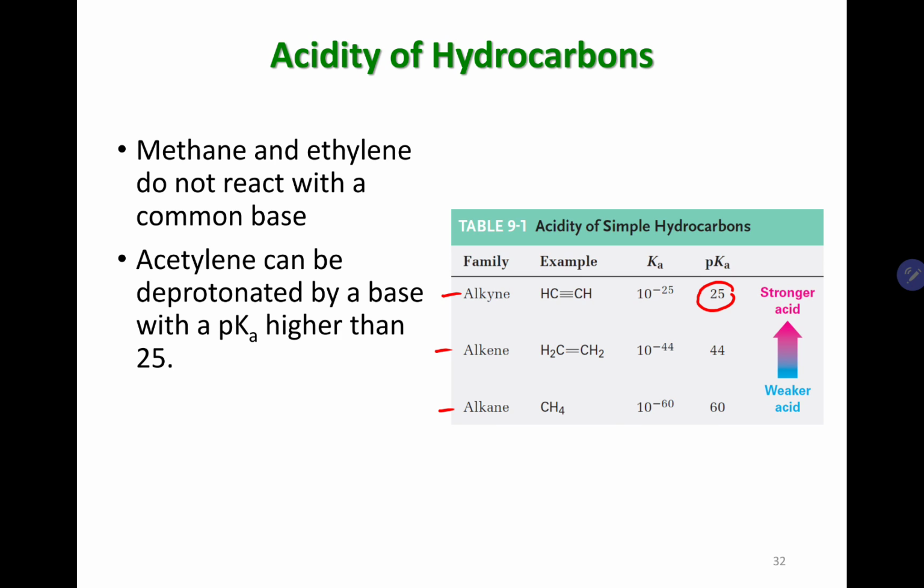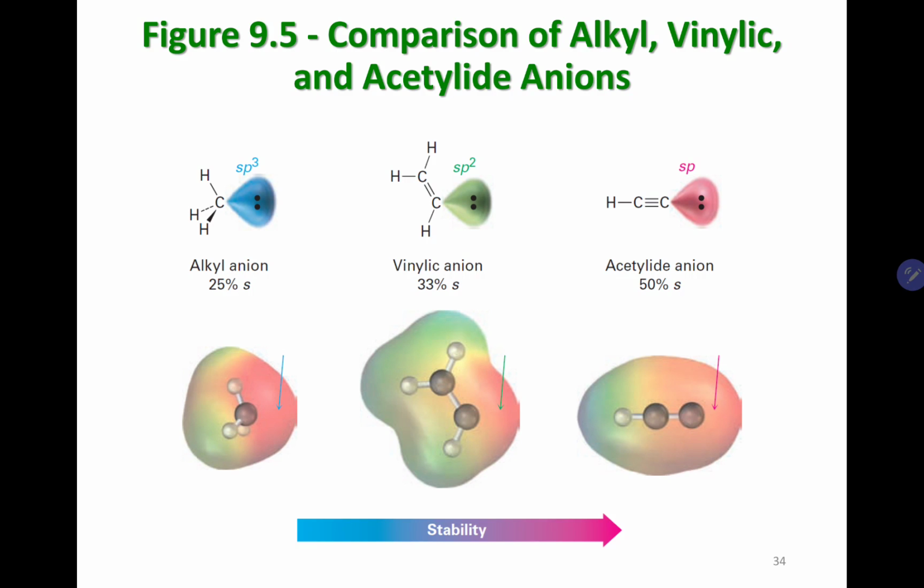So you can find very strong bases which will be able to deprotonate an alkyne. The reason behind this acidity, or the change in pKa, is the stability of the acetylide anion. As you go from an alkyl anion to a vinylic anion to an acetylide anion, the negative charge is on an sp3, sp2, or sp hybridized orbital. Going from left to right, the orbital increases in s character.